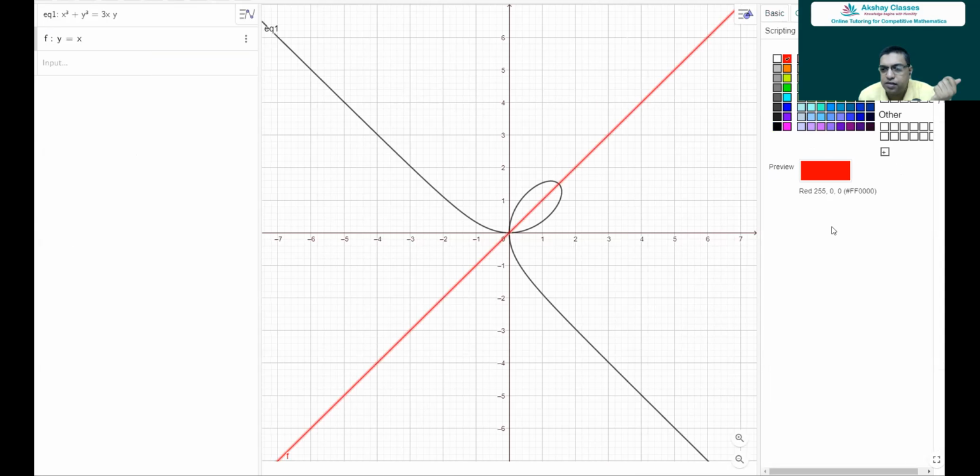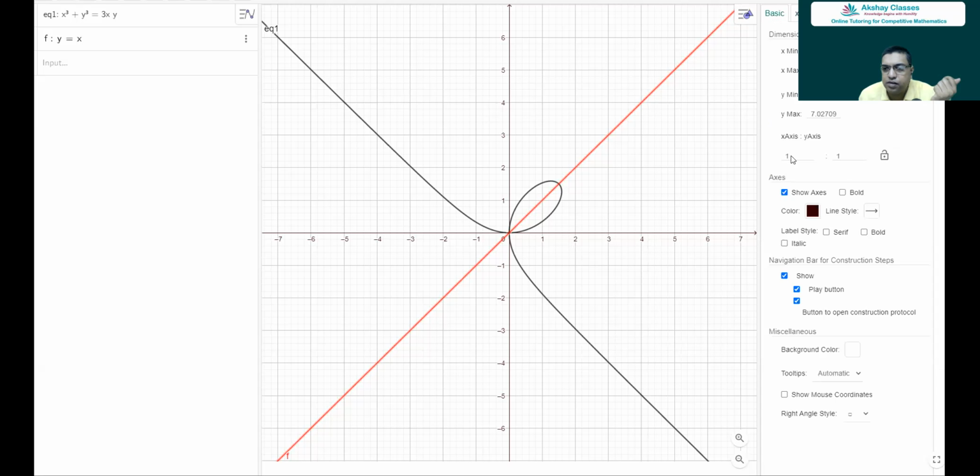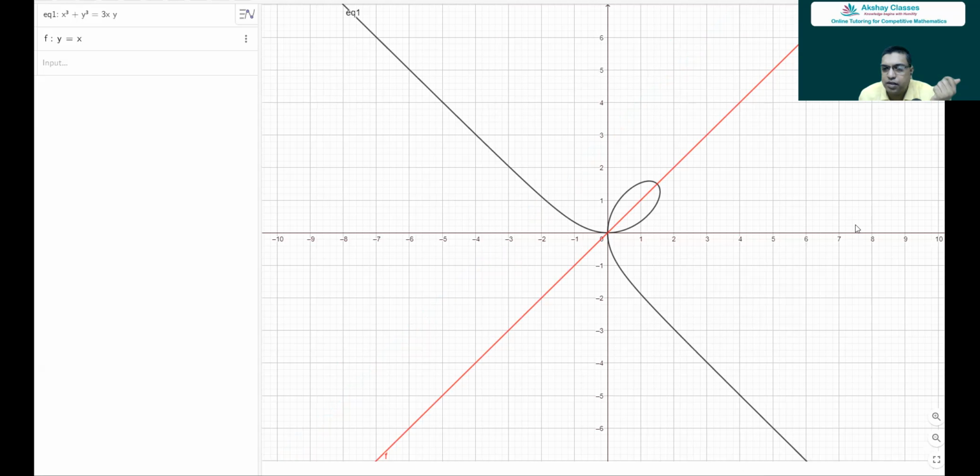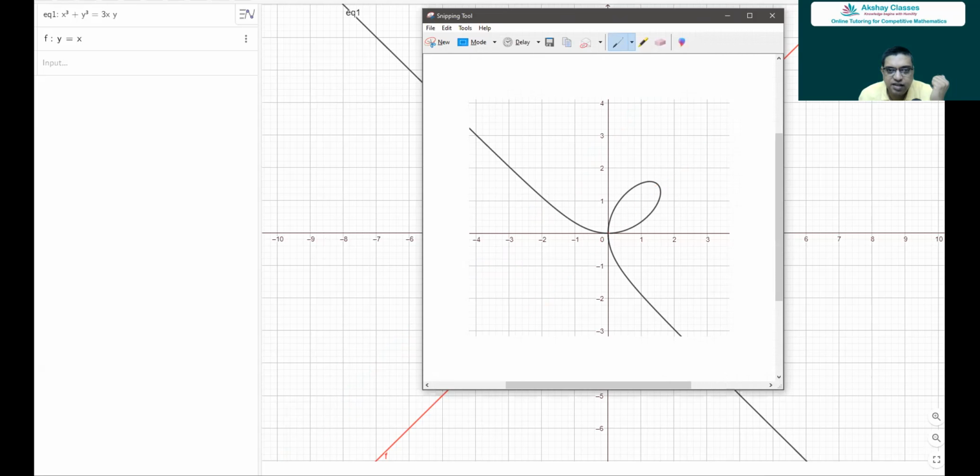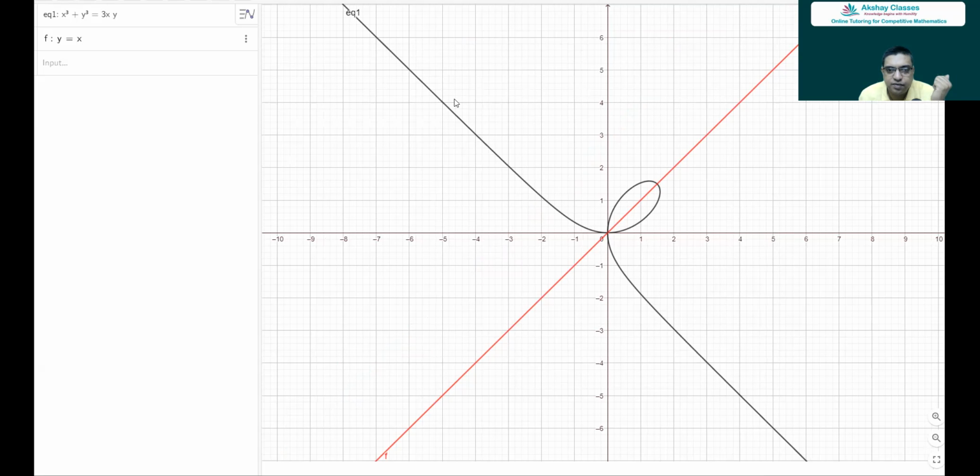Yeah, so this is the graph. This red line is y equal to x. So we can see the symmetry of this curve.